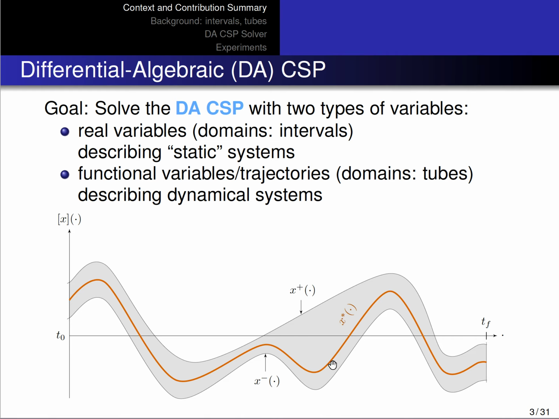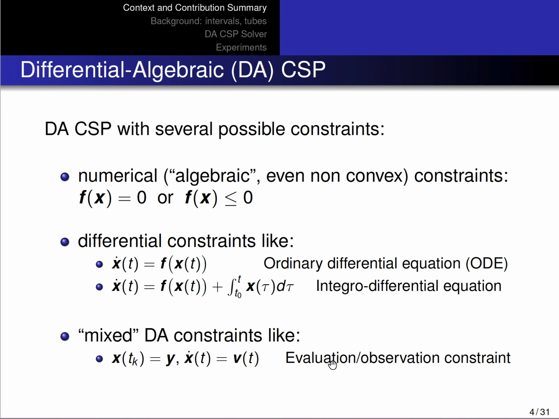These variables allow one to describe, for instance, the trajectory of a mobile robot, but are widespread also in physics, biology, and so on.